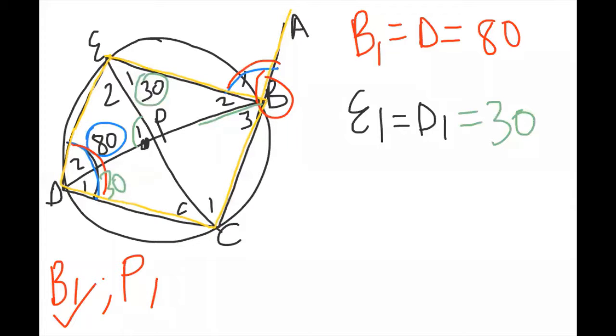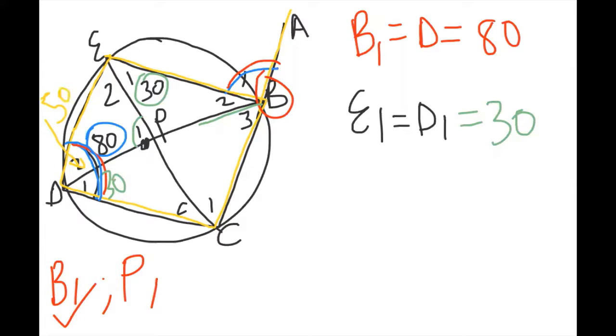Next, I'm going to look at this part over here. This whole angle is 80, but this angle is 30 that we worked out already. So that means D2 equals 50. D2 is that one there, so I'll put the arrow over here and say that equals 50.